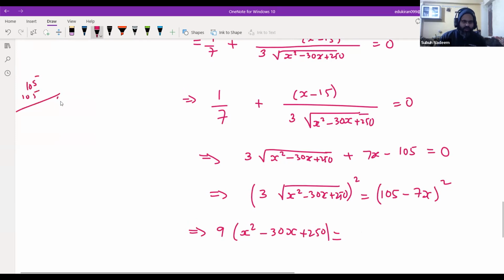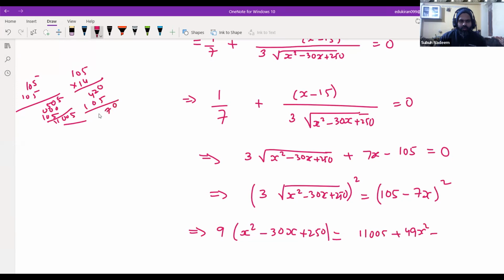That will be 11025, plus 49x square minus 2ab, 2 into 105 into 7, that is 1470x.